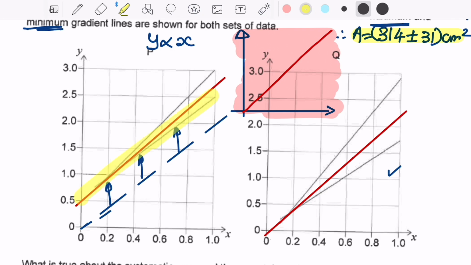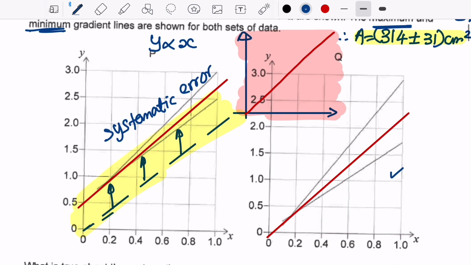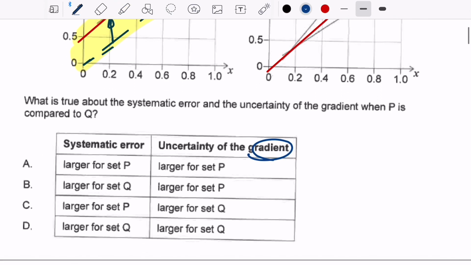Of course, this is called a systematic error. So graph P definitely shows a systematic error, right? They ask which graph shows systematic error and which graph shows bigger uncertainty in gradient. So graph P has the larger systematic error, right? And this. So the answer has to be A and C.